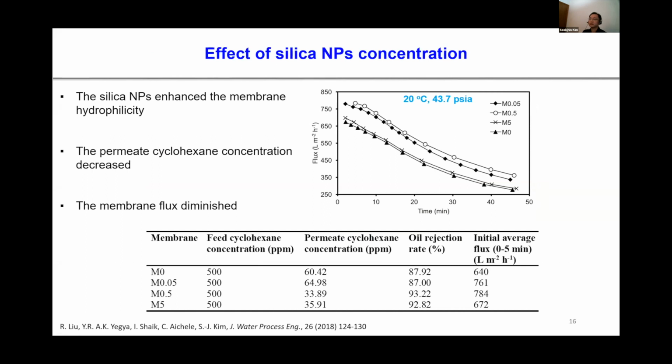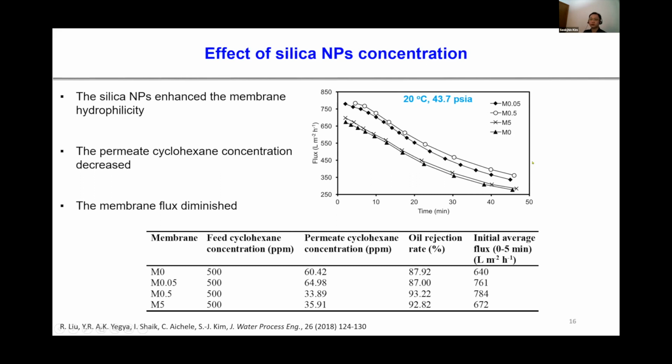Next, we investigated the effect of silicon nanoparticle concentration on membrane flux. This plot shows the effect of silicon nanoparticle concentration on membrane flux as a function of time. Over time, as expected, there is flux reduction due to fouling.